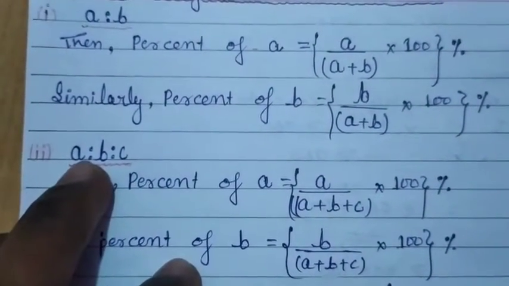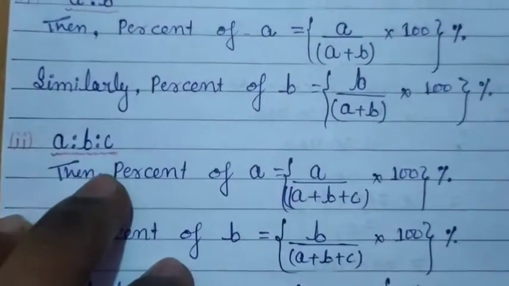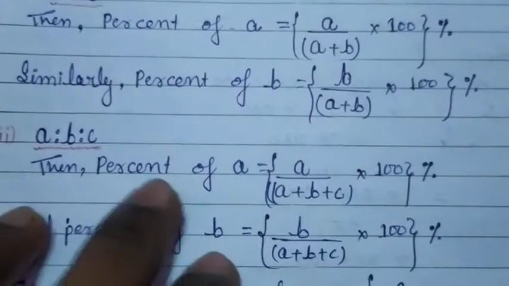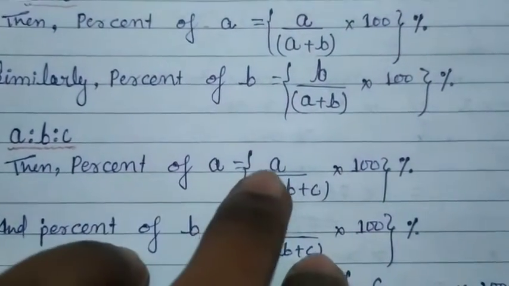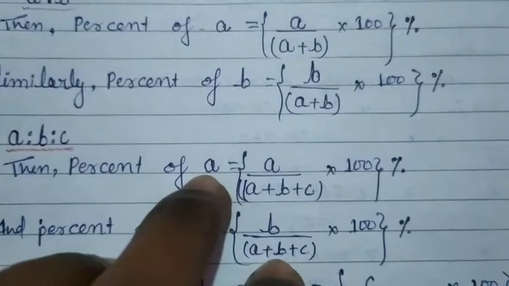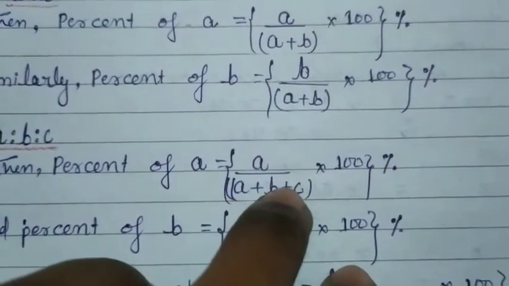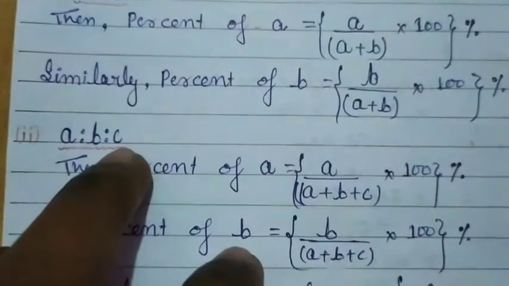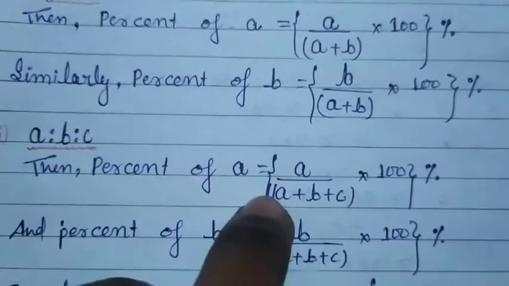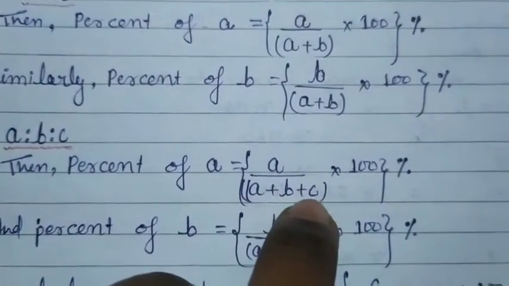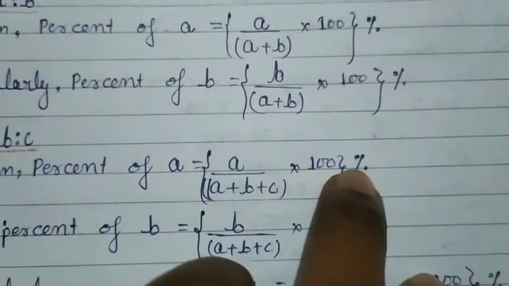Now, in case of three terms, when three terms are given in the form of ratio, then do like this. Percent of A is the same, because we have to convert A into percent. So it will be A, but the sum will be different as another term has been added, that is term C. So you have to find the sum of all three terms. Then the same process, multiply by 100, and it will be converted into percentage.